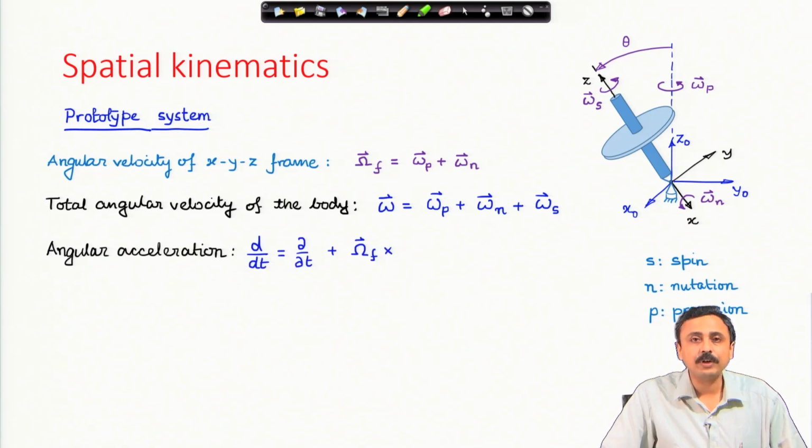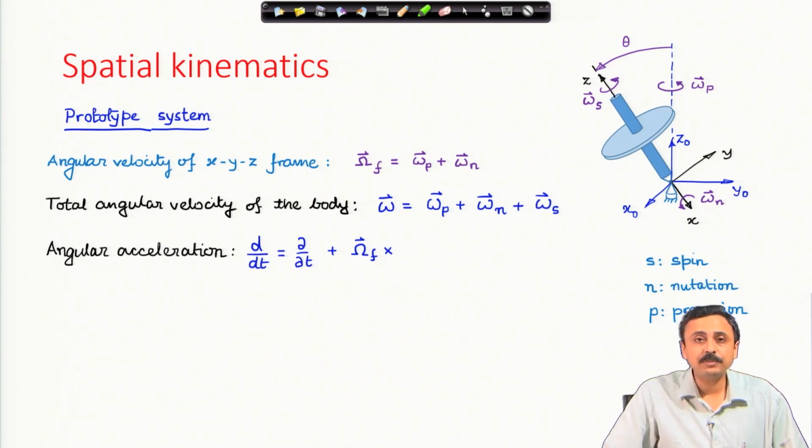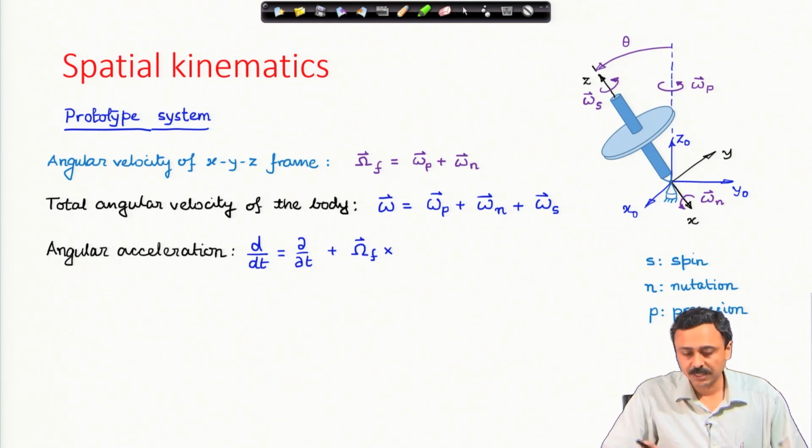Angular acceleration, to find out angular acceleration we have to use this prescription d dt is del del t, which is a local derivative, plus omega f cross. Del del t represents the local time derivative, which means it is the magnitudes of the various vectors, not derivating the frame vectors themselves.